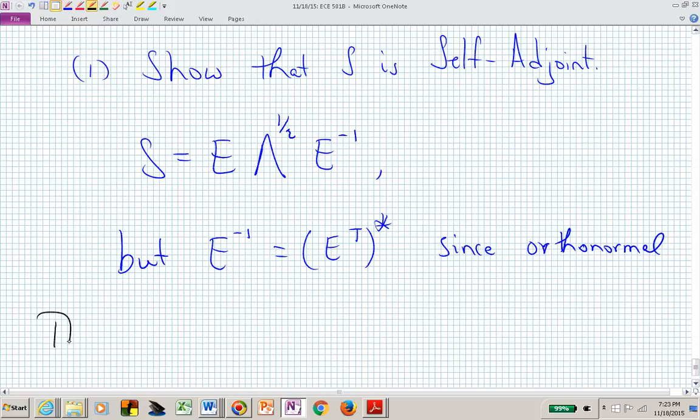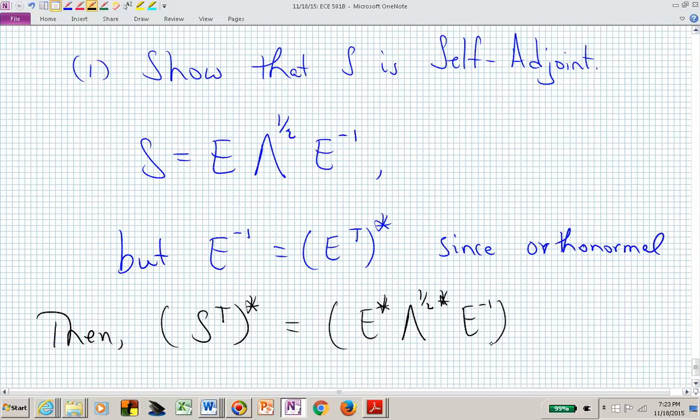Let's then compute the complex conjugate transpose of S, where S is now E lambda to the 1/2 E to the minus 1. So let's now conjugate that. We now have E, lambda to the 1/2, E to the minus 1, conjugate transposed.